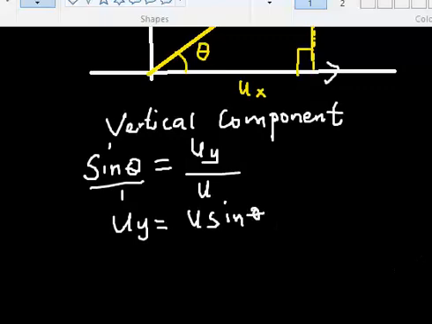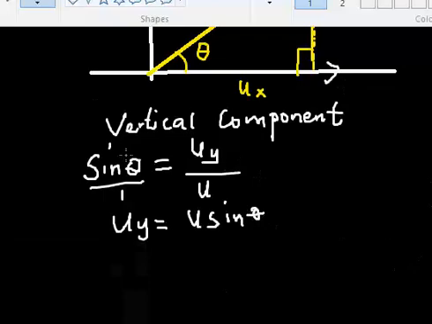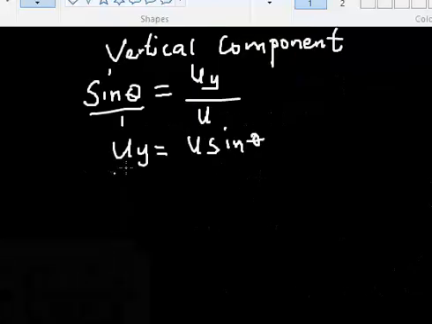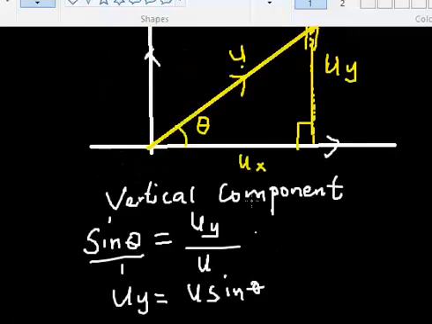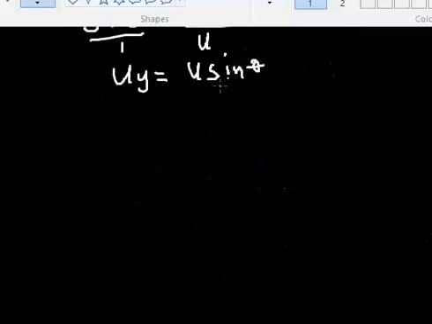So anytime I consider the initial velocity in the vertical direction, it will be u sine theta.